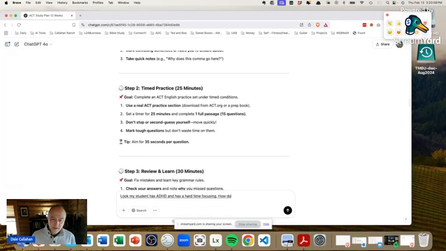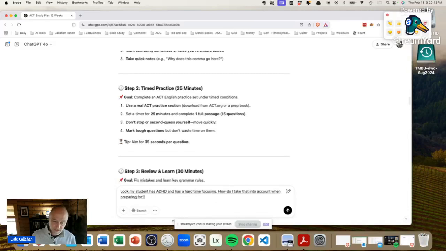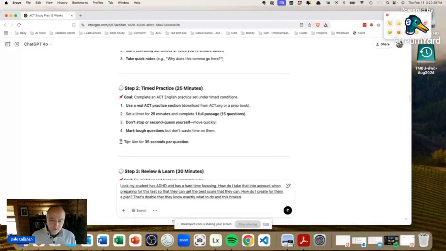How do I take that into account when preparing for this test so that they can get the best score they can? How do I create for them a plan that's doable, that they know exactly what to do, and that's broken up over enough time?